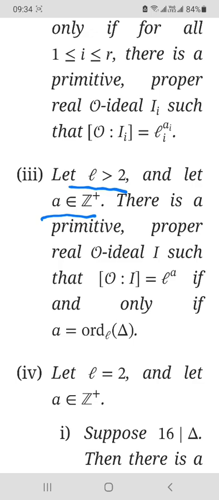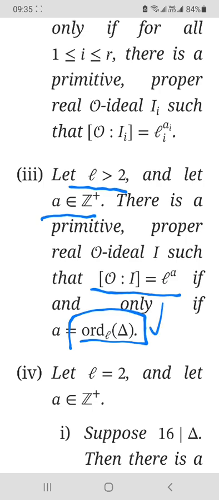There is a primitive, proper, real O-ideal I such that the index of I inside O is L to the S power if and only if A is the order of the discriminant under the basis L. That is the biggest A such that L to the A power divides the discriminant.